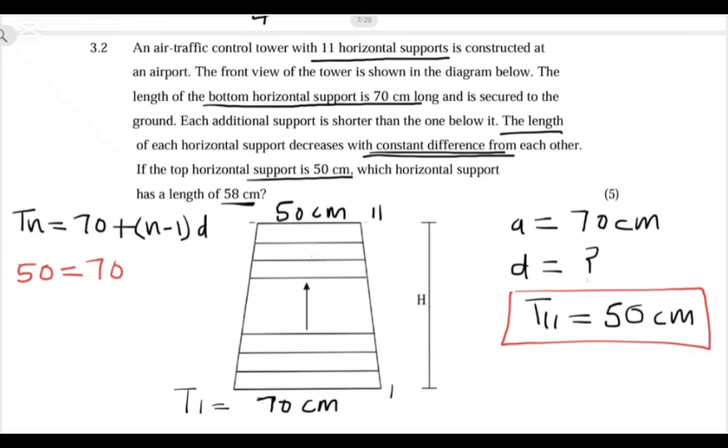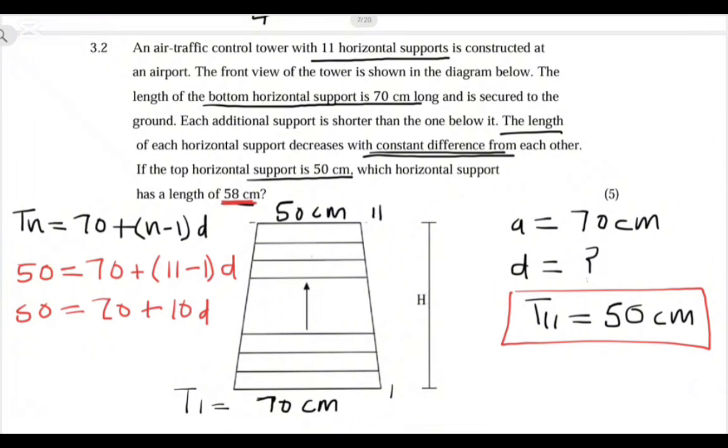equals to 70, and then plus n, since this 50 is term number 11, minus 1. And then we are looking for the difference, because once we find the difference, we can find which term is equal to 58 centimeters. Perfect. So we're going to have 50 equals 70 plus 10, and when we multiply it with this, it's going to be 10d.